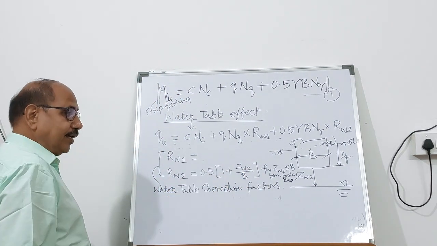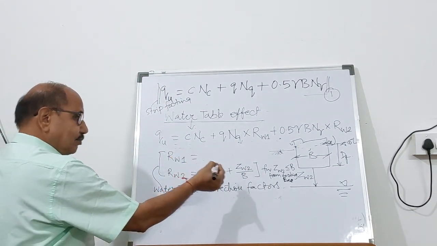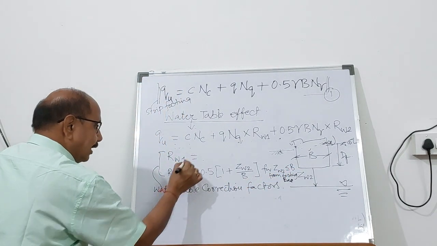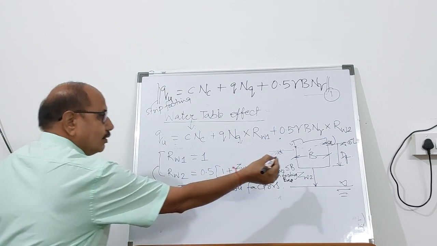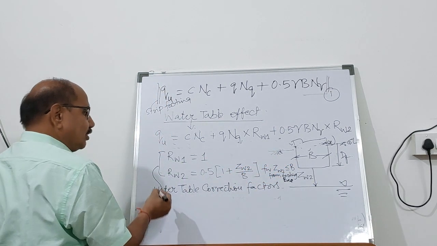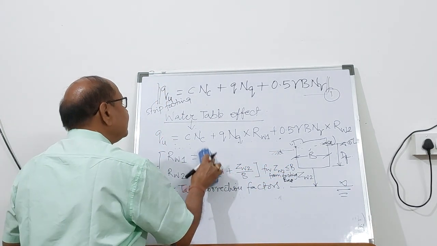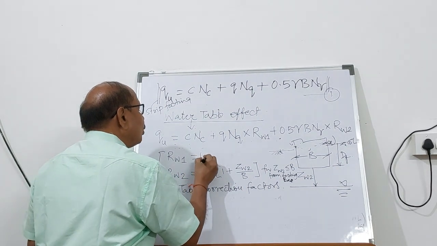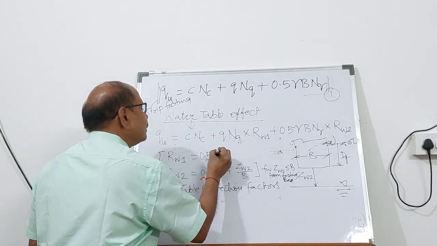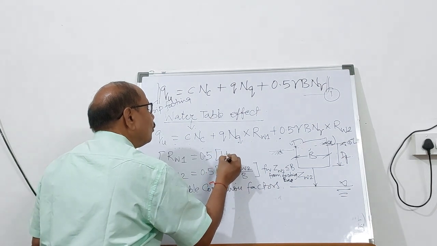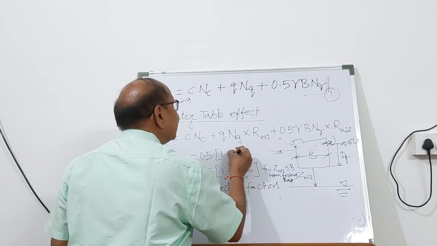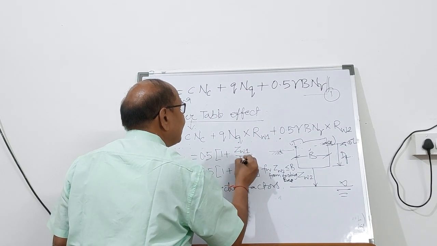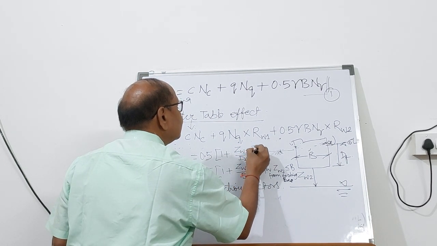This equation is for when the water table is just touching, and RW1 will be 1. So the equation for RW1 is 0.5 into 1 plus ZW1 divided by the depth of foundation.